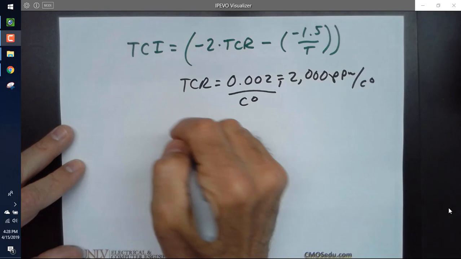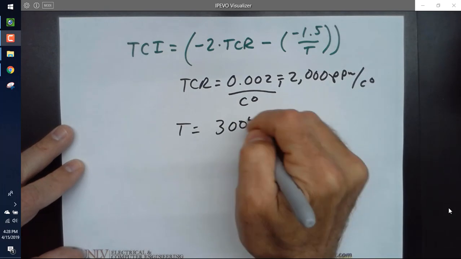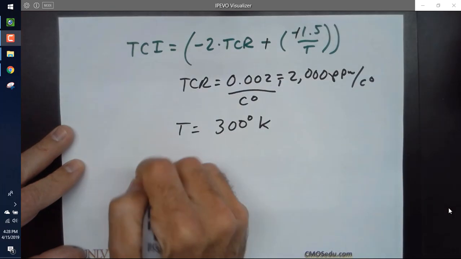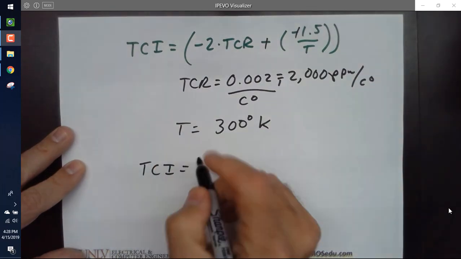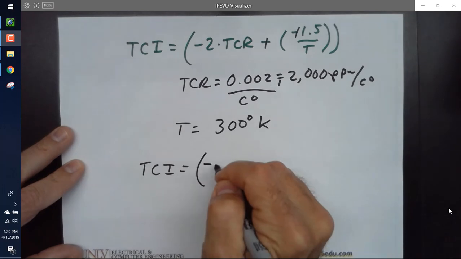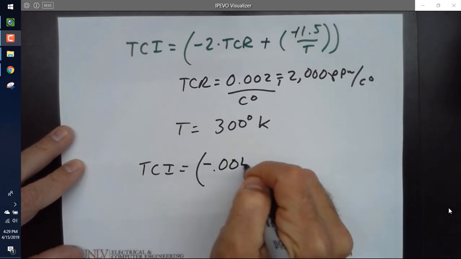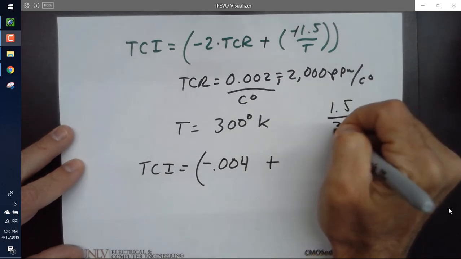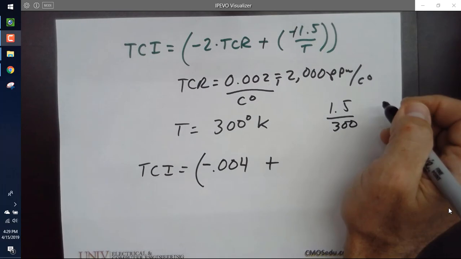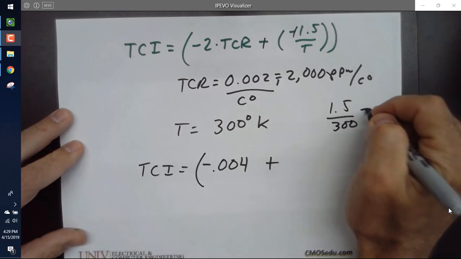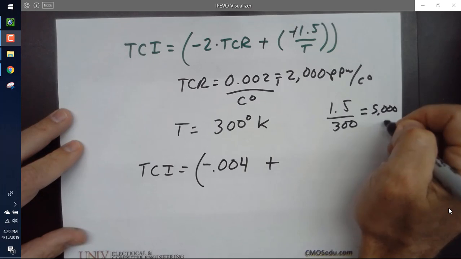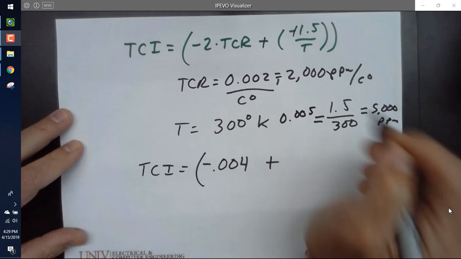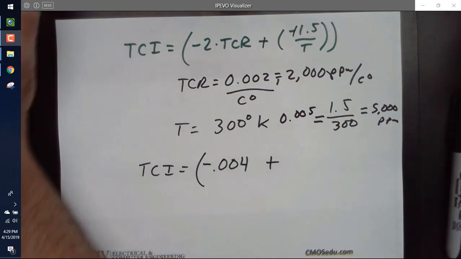And then we'll say at T equals 300 degrees K that this would be plus. So I get my temperature coefficient is equal to minus 0.004 plus, and then 1.5 divided by 300, if I do the math right in my head, is 5,000 parts per million, or 0.005. And let me just pause and make sure that's right.